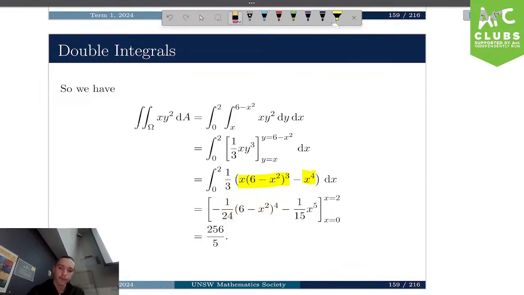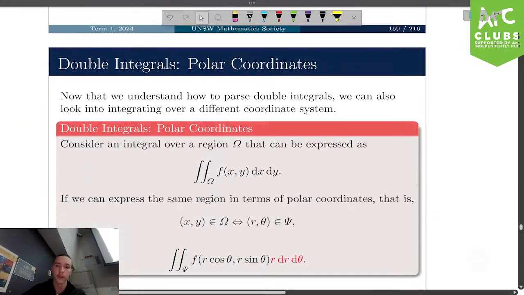We plug in the 2, we get some negative number, and then we plug in the 0, and this thing gets very, very big, and then it tips over to a positive number, and we get 256 on 5. That's what that integral evaluates to. So fairly simple. We just observe the region and pick either x or y to be constrained by functions, and then integrate. So we do whatever's nicer.